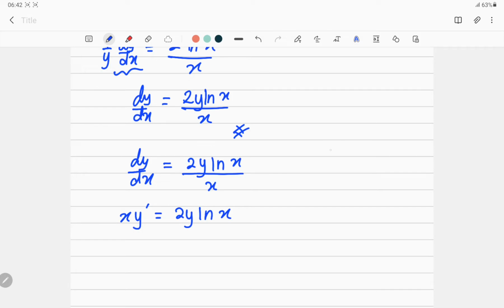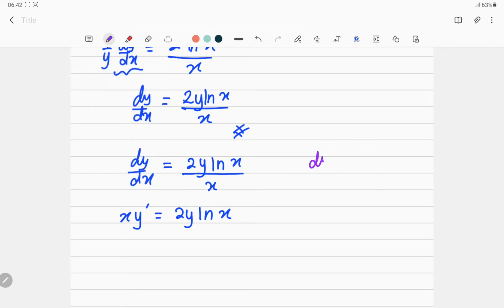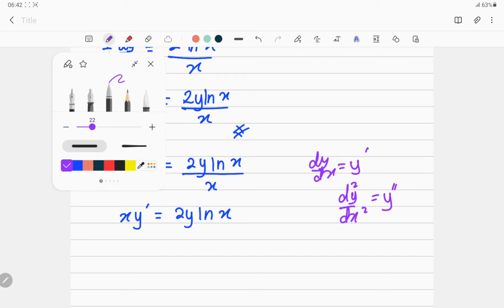You have to remember we can write dy/dx equal to y prime, and for the second order differentiation, d squared y over dx squared equal to y double prime. It doesn't matter how you write down your derivative.